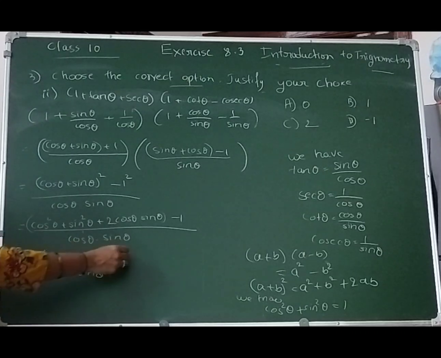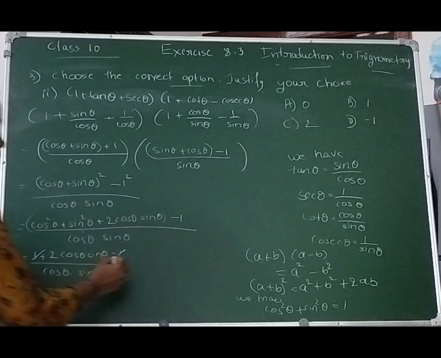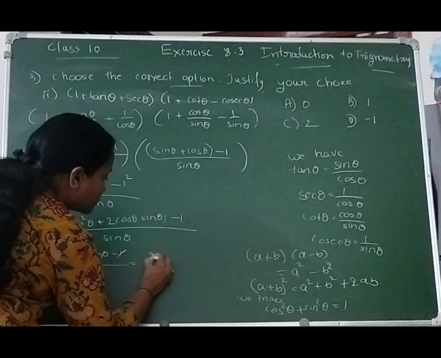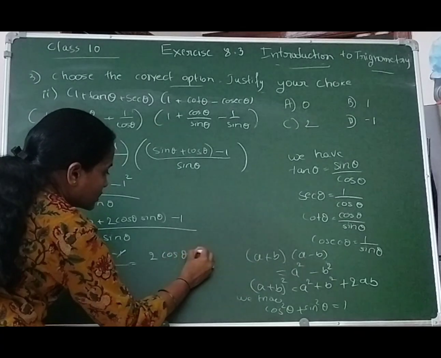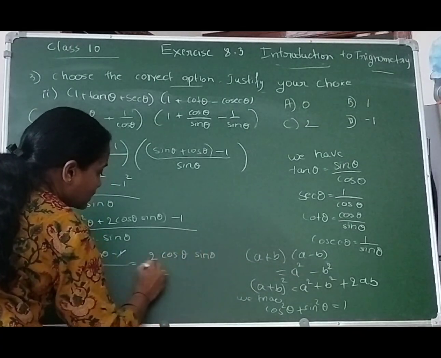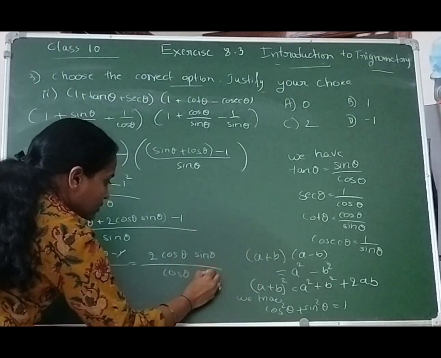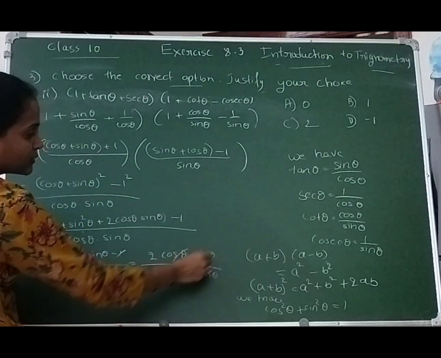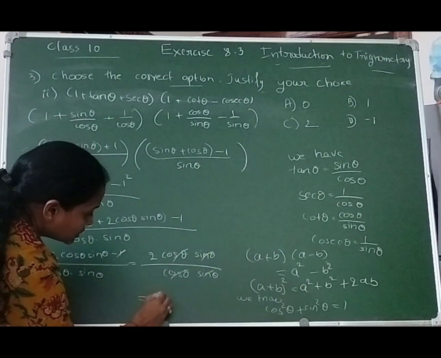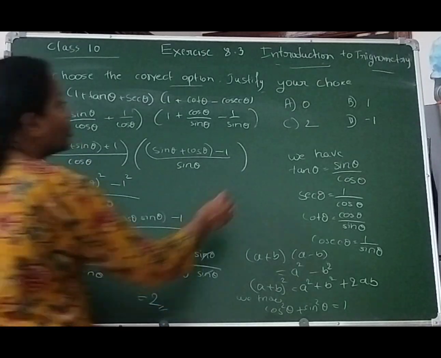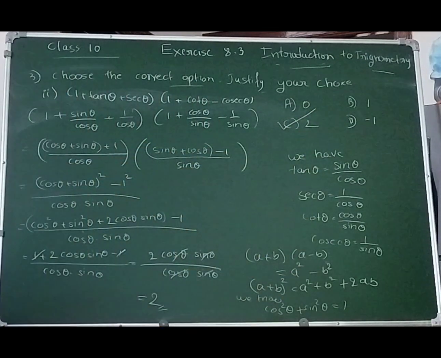Plus 1 and minus 1 get cancelled and we get 2 cos theta sin theta divided by cos theta into sin theta. So cos theta and sin theta get cancelled. We get the answer as 2. So option C is correct here.